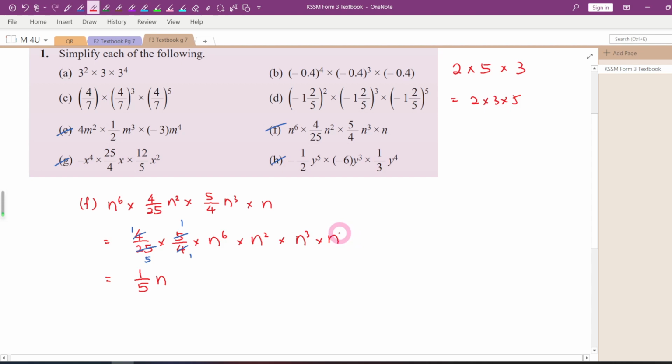Be careful, this is not power 0 but power 1. So 6 plus 2 plus 3 plus 1. Our answer will be 1 over 5 n power 12.